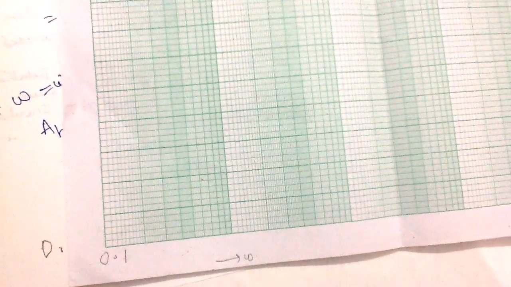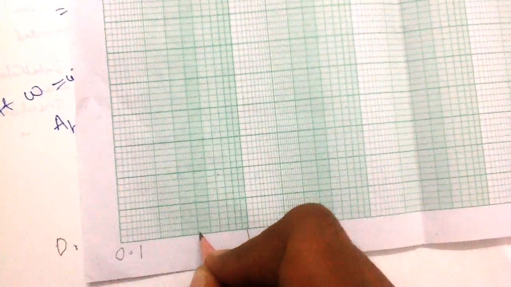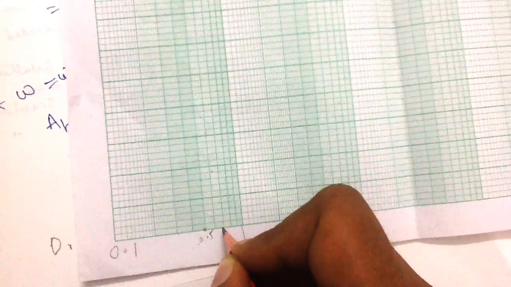So how you're going to write down in a semi-log graph sheet is, this is 0.1. You're going to write 1 here. This is 0.2, 0.3, 0.4, 0.5, 0.6, 0.7, 0.8, and 0.9.